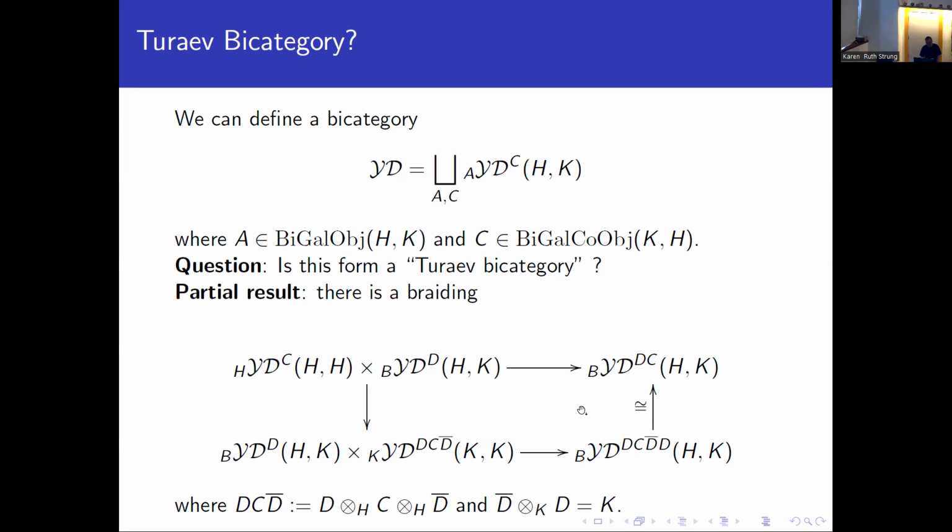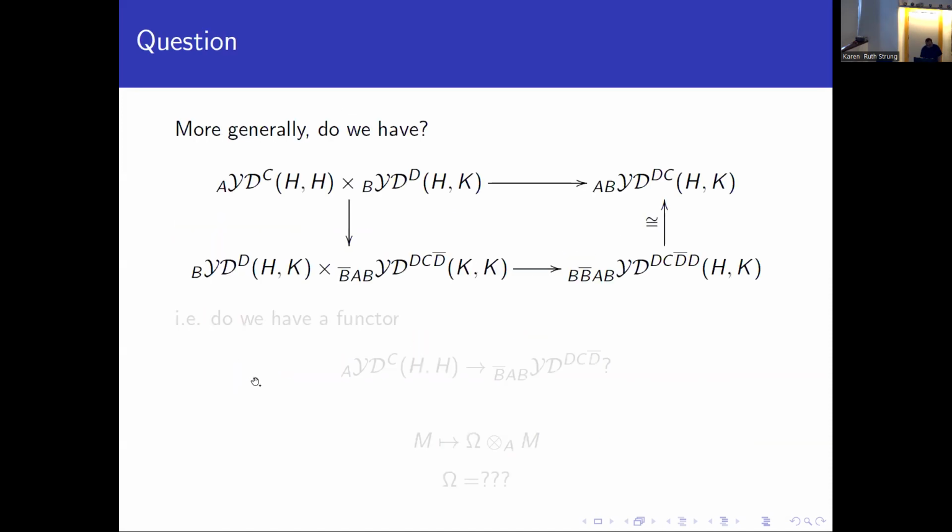And this braiding satisfies the usual axioms for braiding. But the problem appears because here we fix the algebra and we vary the coalgebra. But what if we also vary the algebra here? That's something we are still stuck on.